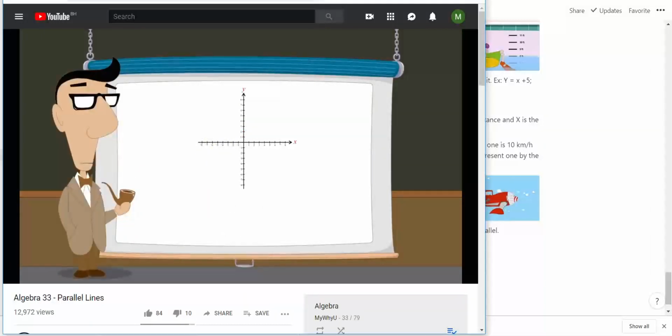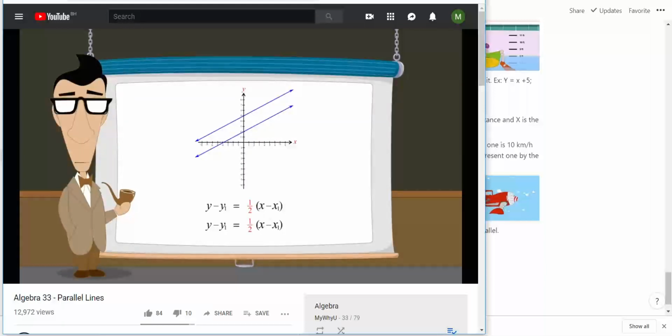On the other hand, two equations written in point-slope form, which have the same value for the slope m, may describe parallel lines, or they may both describe the same line, even when the two equations contain different values for x1 and y1.